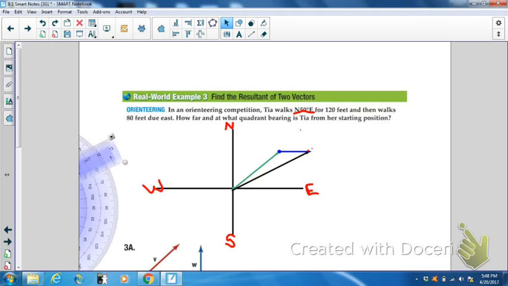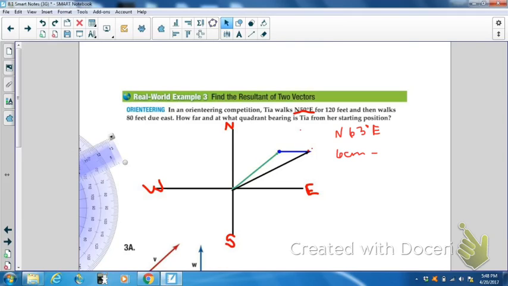So I want to translate that over into what we determined to be the scale. So again, she was north 63 degrees east. That's her current quadrant bearing. And then it looks like that's 6 centimeters.